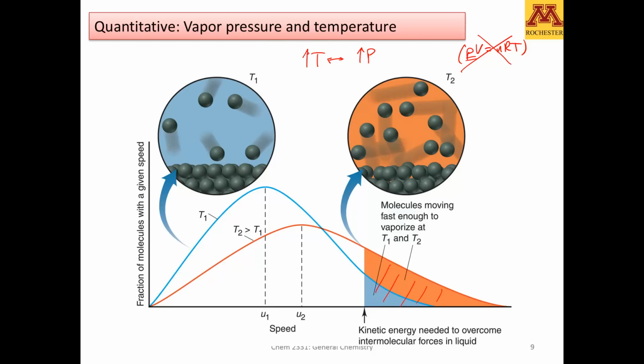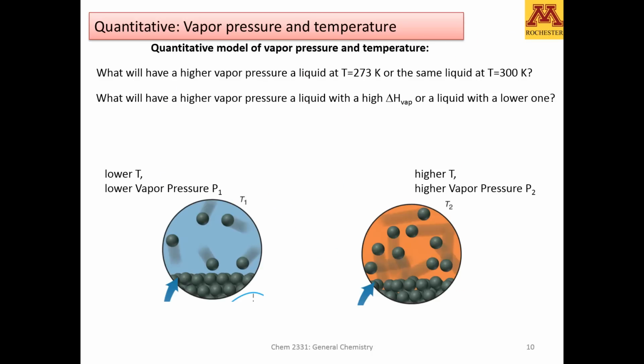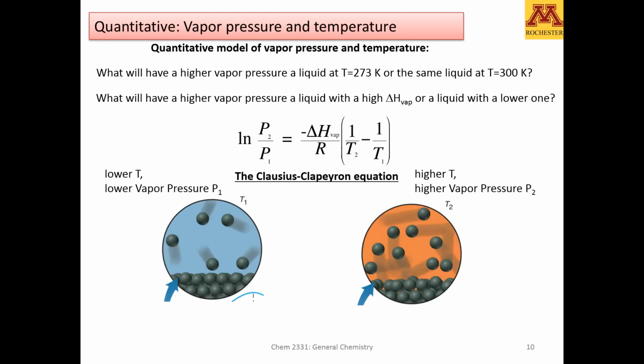Okay, so the Clausius-Clapeyron equation can be applied at different temperatures and relates to different vapor pressures. So you can combine two Clausius-Clapeyron equations. Again, if you take the logarithm of P equals minus delta H over RT, and you combine for a given P1, T1 and P2, T2, it's easy to see that if you have two different temperatures, you have two different vapor pressures, the enthalpy of vaporization being the same.